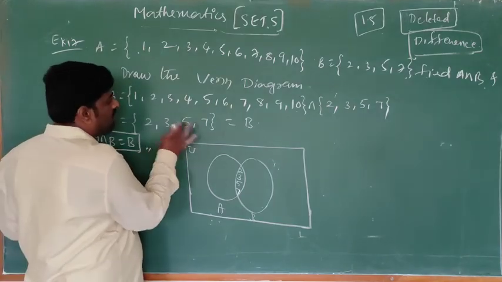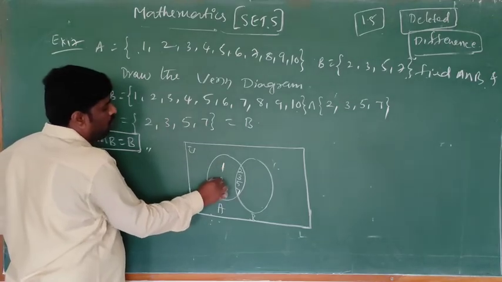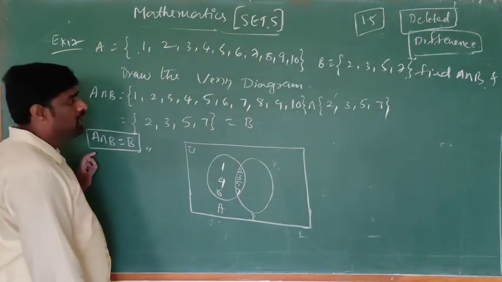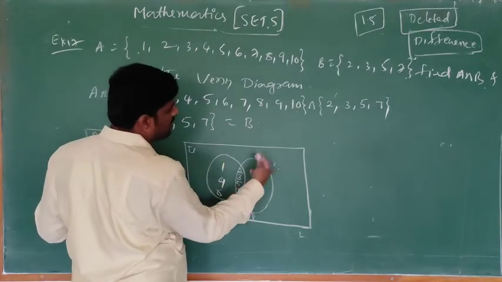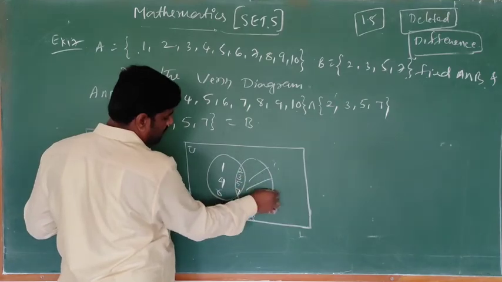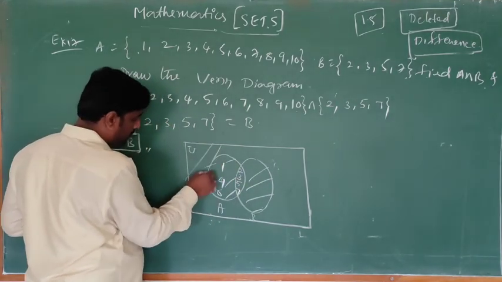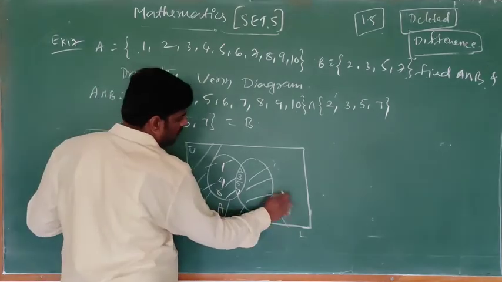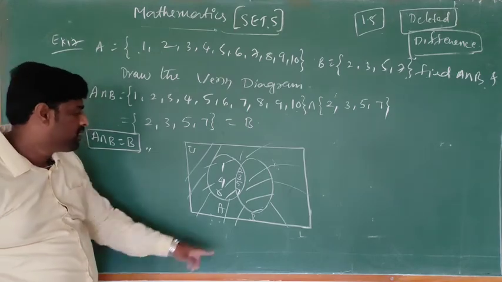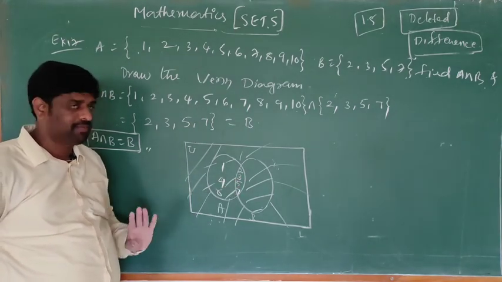The remaining elements of A are 1, 4, 6, 8, 9, 10. There are no remaining elements of B. This is A intersection B. By using the Venn diagram, A intersection B is 2, 3, 5, 7.